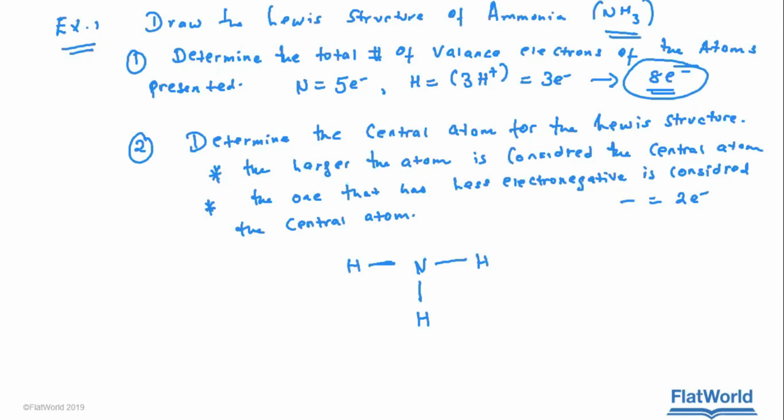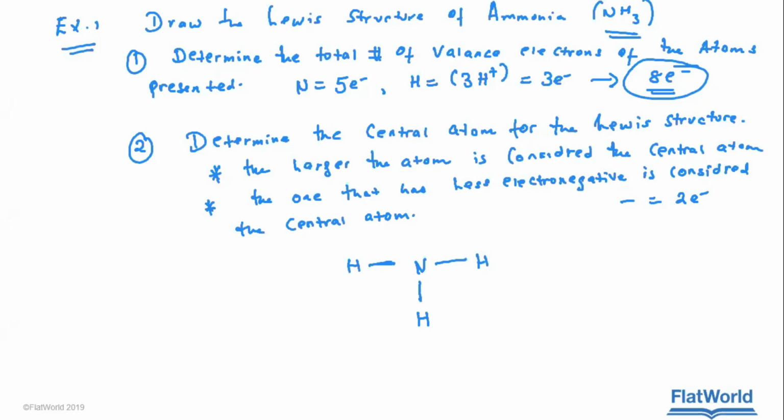Then if there are excess electrons, we go to the double bond, and by the way, to a triple bond. Now remember, we used up 2, 4, 6 electrons. So how many electrons are left? 2 electrons are left. All right.